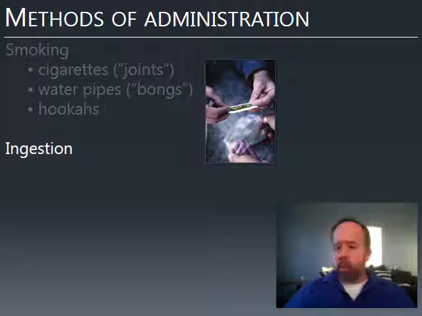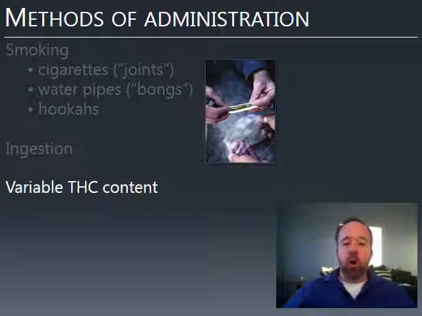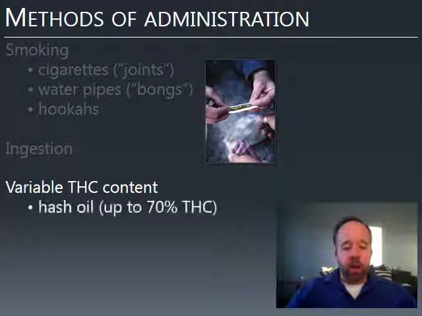There's also ingestion. So swallowing, ingesting marijuana, and then absorbing it through the stomach and the small intestine. Now, these different forms, and we already talked about how different marijuana plants have variable THC content, but these different forms do as well. And so some of these can be smoked, some are ingested.